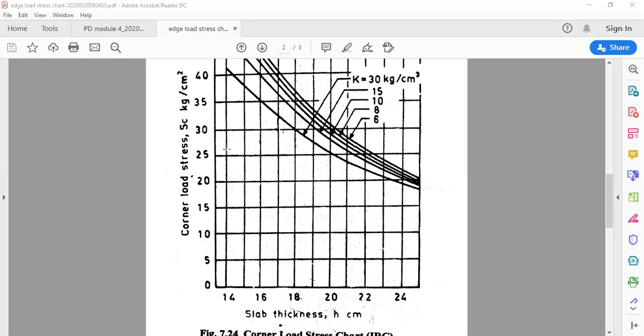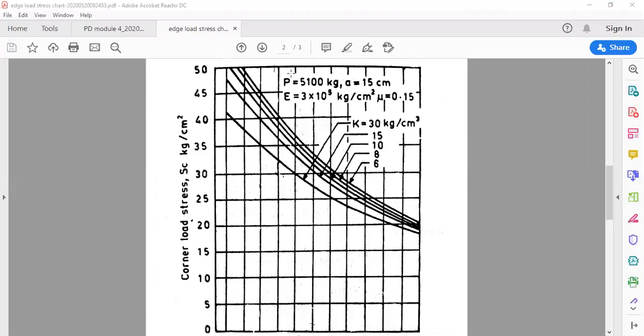So you need to remember, we can calculate only the edge load stress as well as corner load stress. Is it clear? These parameters remain the same. What I told is P will be 5100 if you want to refer to this chart. If the data is given with 4000, then I can't refer to the IRC design chart.